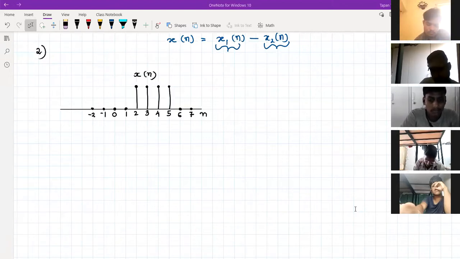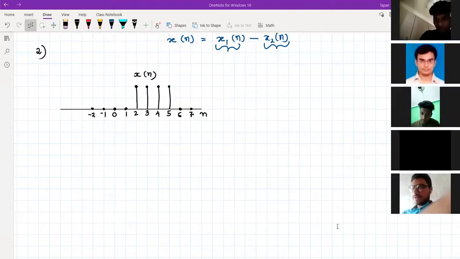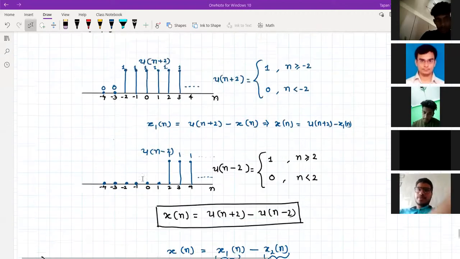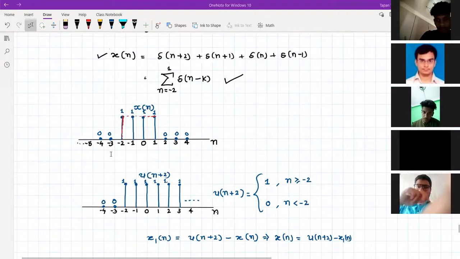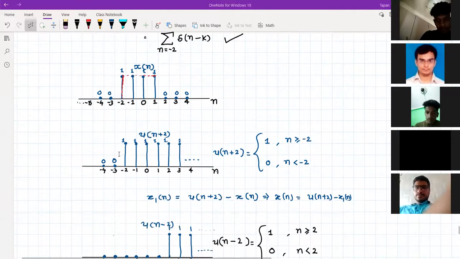Sir, can you repeat the previous example after the first step? Okay. After the first step, see, first step is to determine the first function x1 of n. Now, how can you get the idea of the first function?